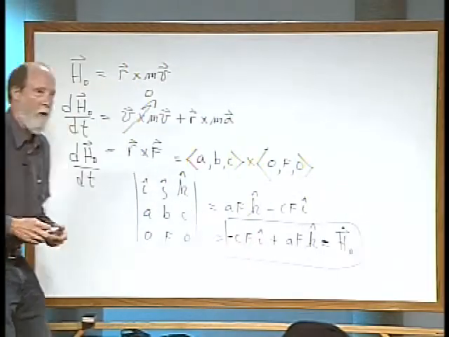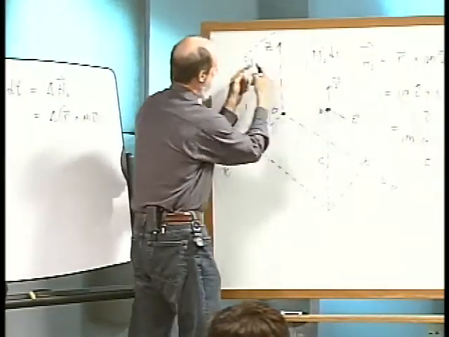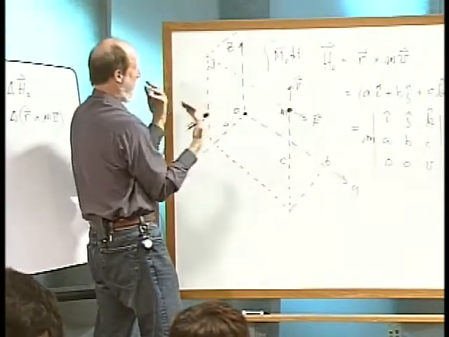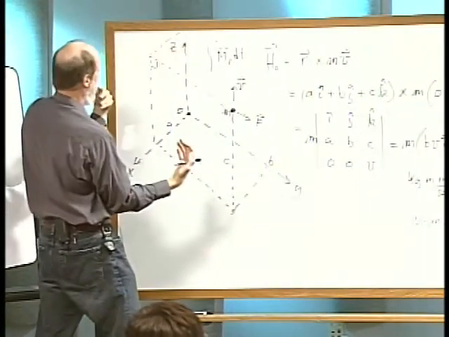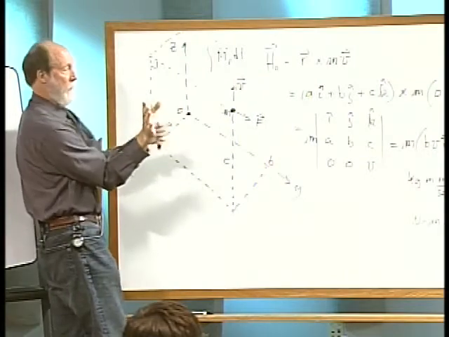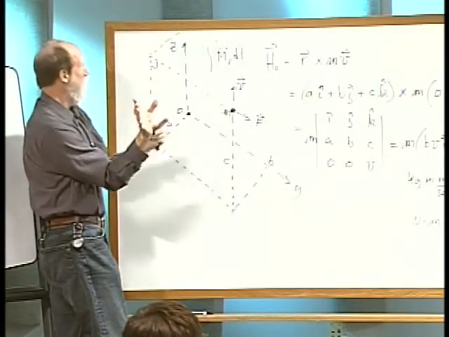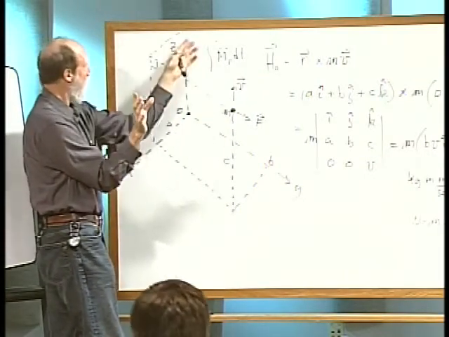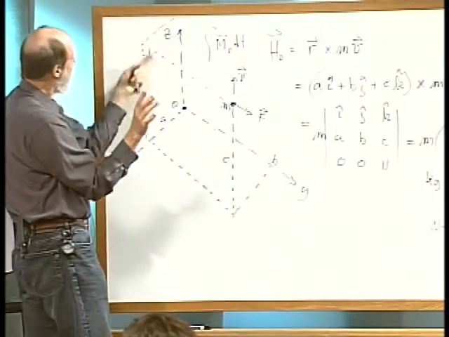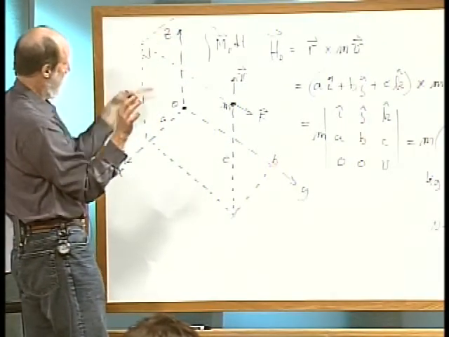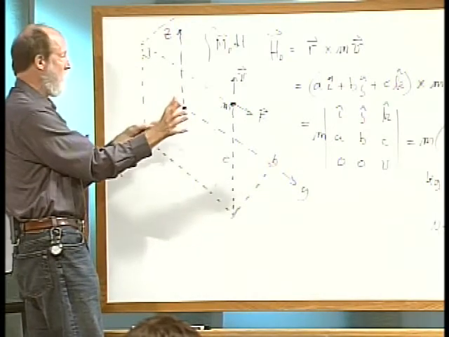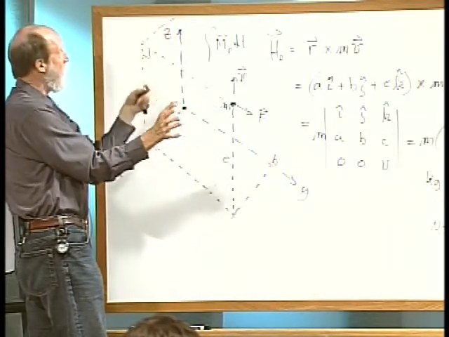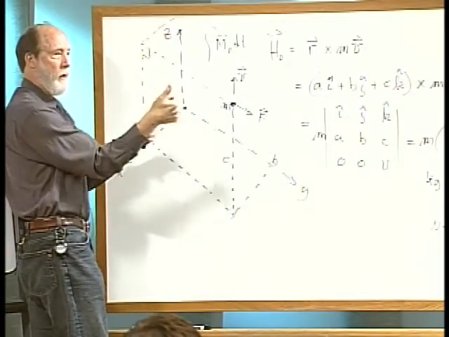Okay, let's go back over there and observe that the line of action of this force is on this side of the YZ plane. It's out here on this side of the YZ plane, and so the lever arm off of that YZ plane is this distance right here, which is our A. And with our right hand, r cross F is upward.